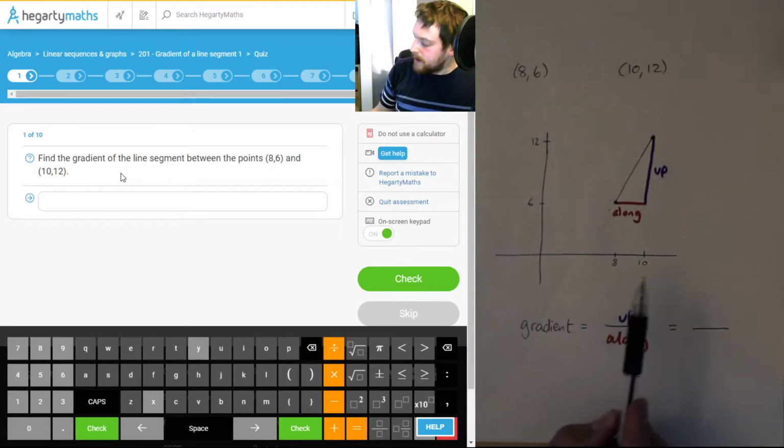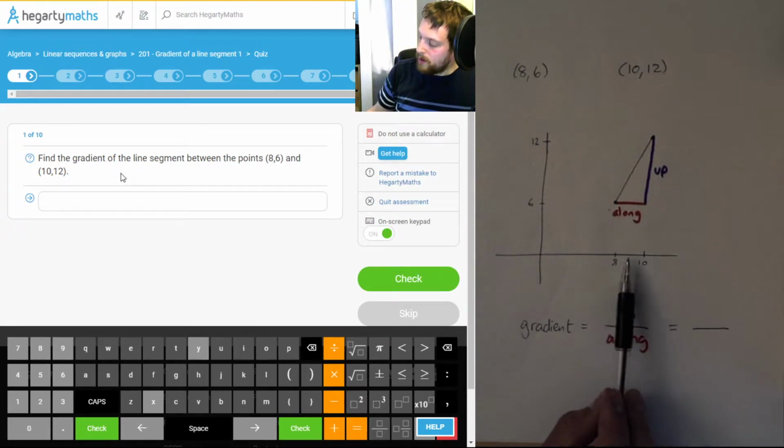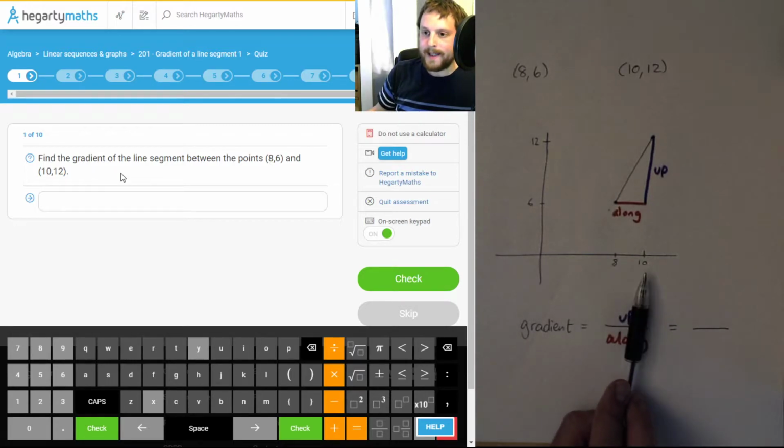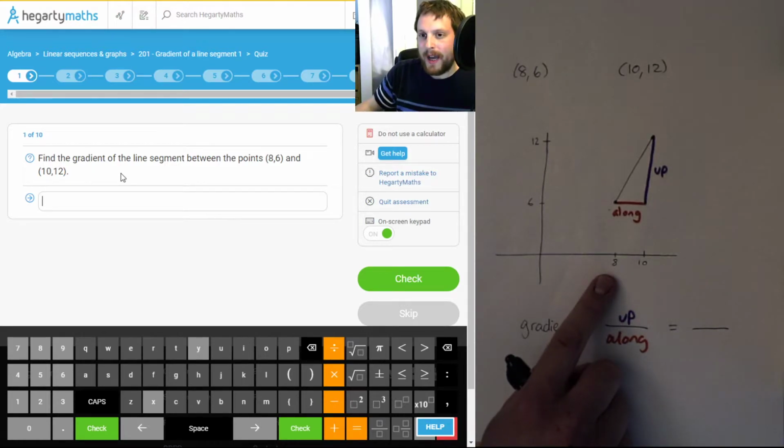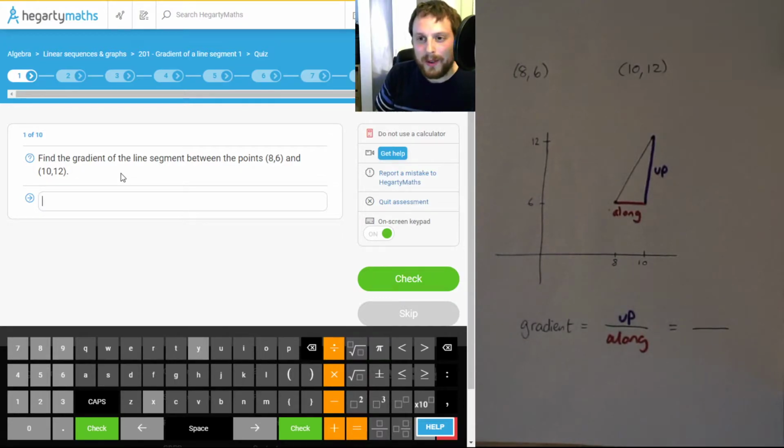So the along is actually, well, you can work it out. How far along is it from 8 to 10? So it's 2 along, right? And actually there's a general formula that we could come up with here. Like if this was 87 and this was 106, what would you do? What would you do with the numbers?